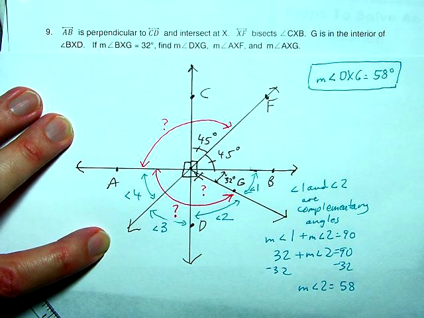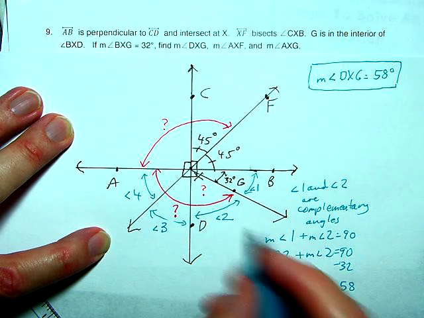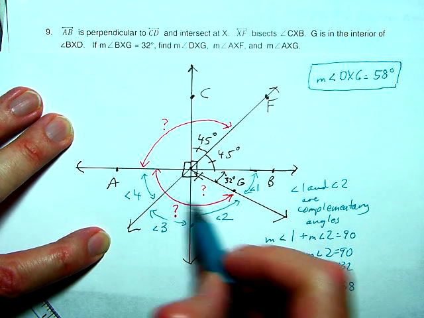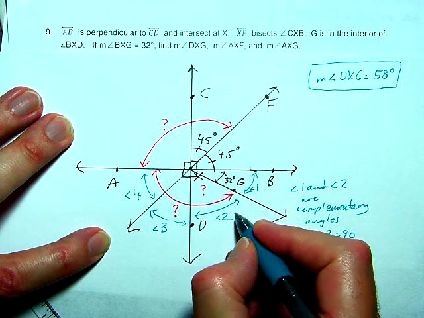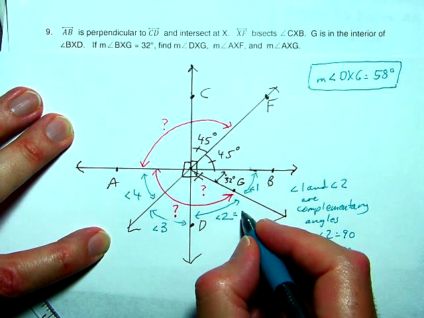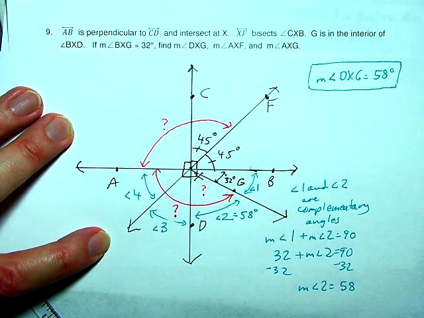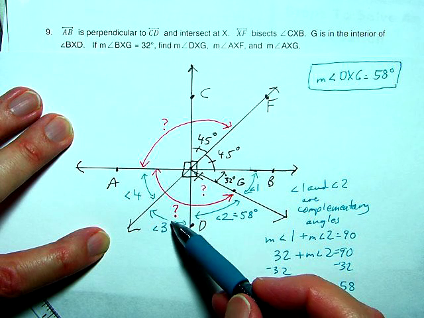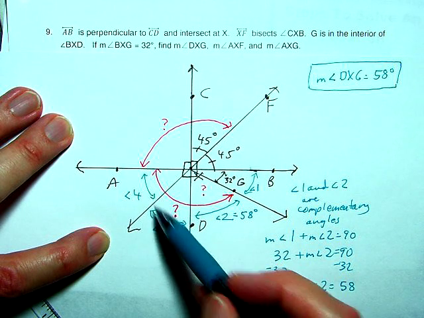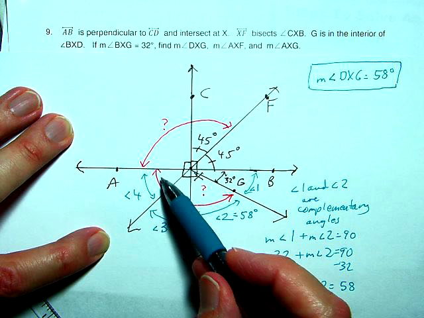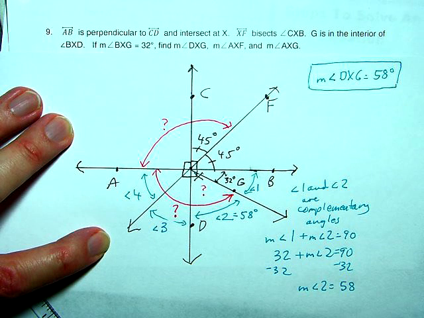Okay. Well, let's try to figure out other small angles that fall between some of these big angles. So let's write in what we just discovered, that angle 2 is 58 degrees. Maybe we're going to need that somewhere. Now let's try to figure out if we can determine what angle 3 or angle 4 is. If we can figure those two out, we'll add these three together to get our second angle.